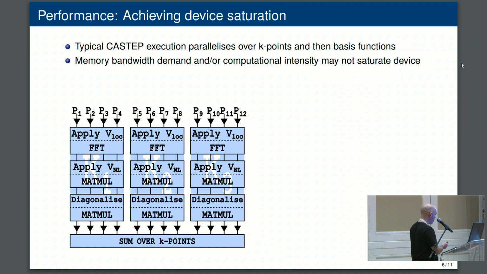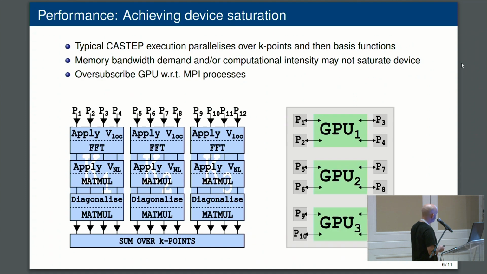So our fairly obvious way of solving this is just to oversubscribe each of the GPUs with respect to MPI processes. So if we have a configuration like this, we might end up with multiple MPI processes on each GPU on a node.